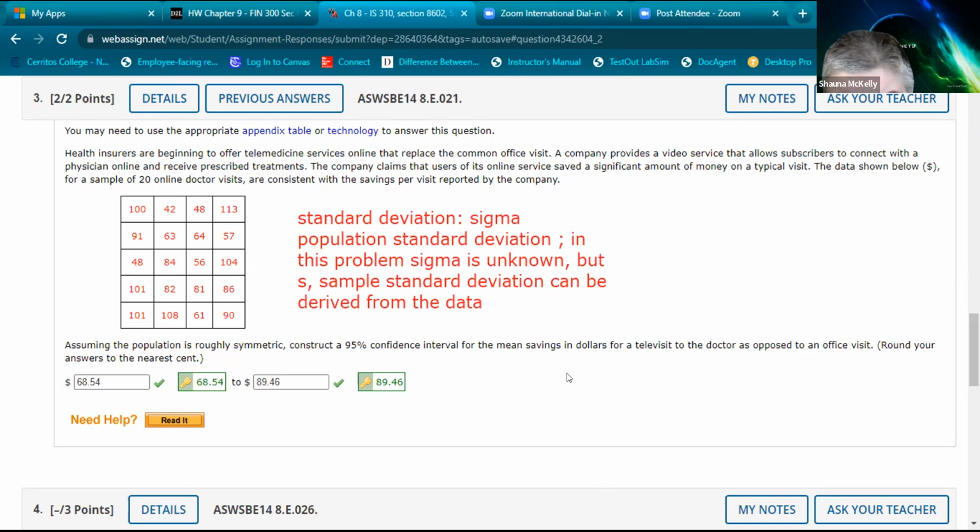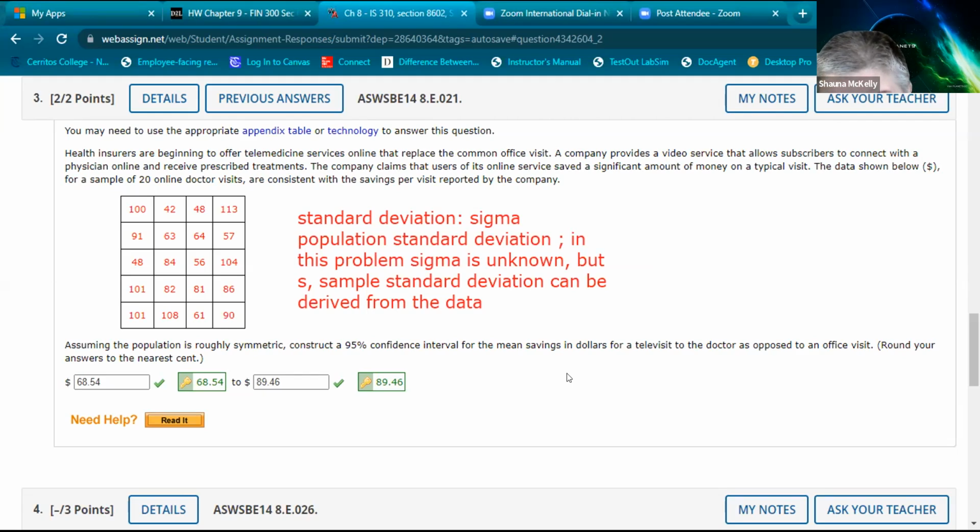Is sigma known? No. Is n greater than or equal to 30?